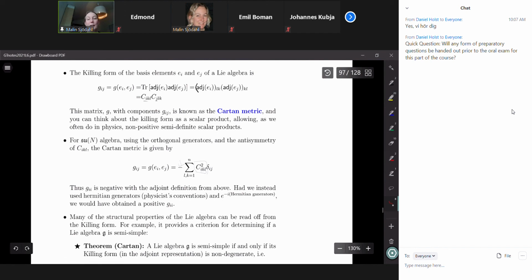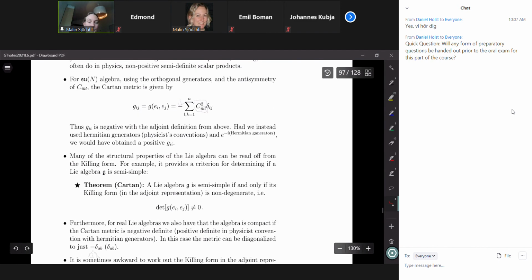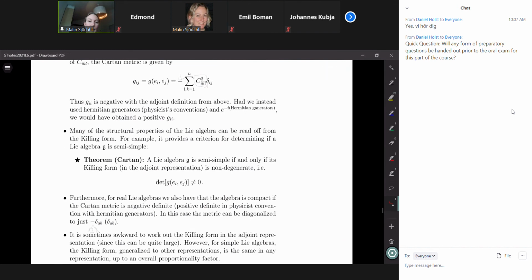And clearly that i squared compensates for the minus sign there. And this we need if we want to connect it to what we have spoken about as a scalar product in the context of SU(3) and SU(N). For SU(3) it was the Gell-Mann matrices, and we multiplied them together and took a trace, and we saw we got delta_ij. So it was on the contrary positive definite, but that was because we used the Hermitian generators, the physicist generators.